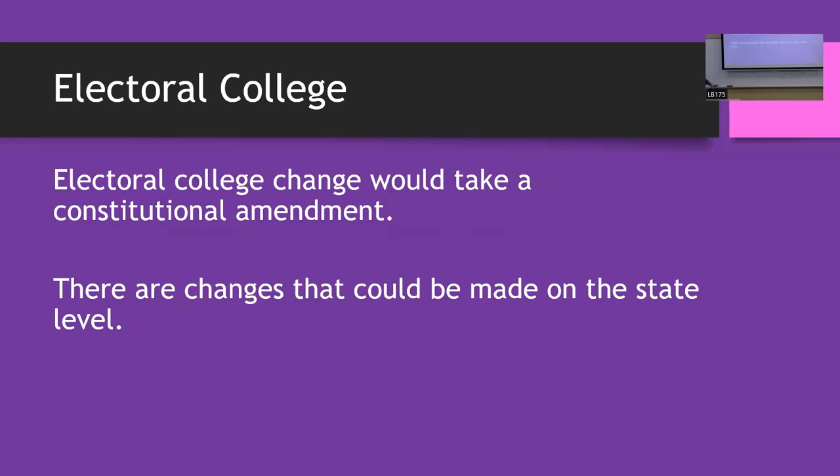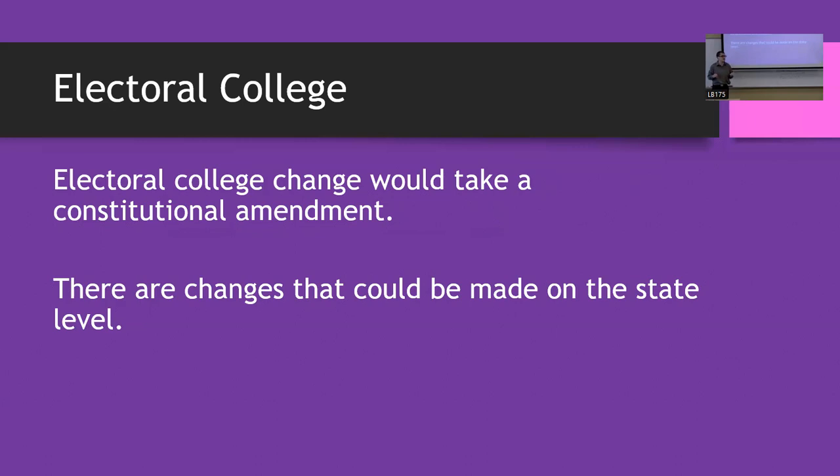But on the state level, there can be changes made if people want that. So for instance, right now on all the state levels, it's winner take all. So whoever wins Michigan gets all 15 of Michigan's votes. But you could make a state change.